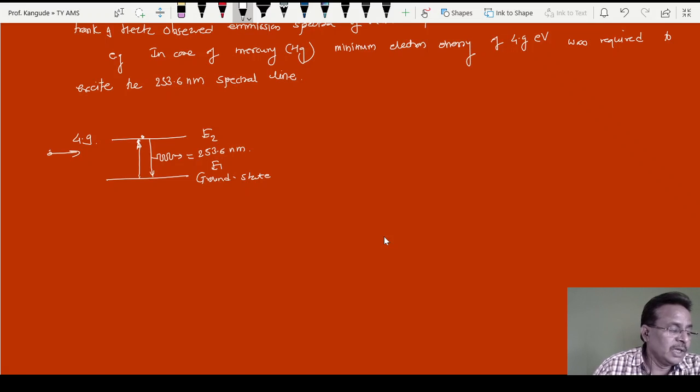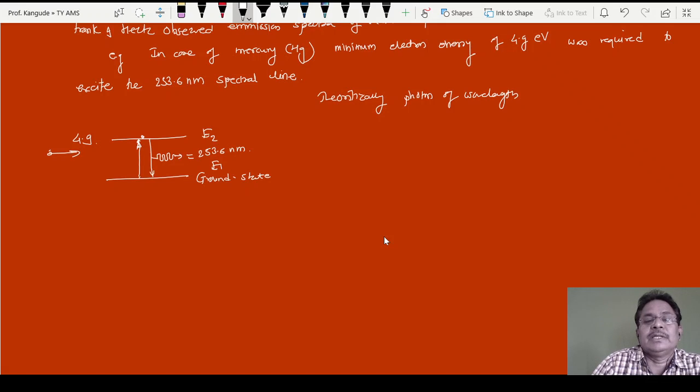And if I go theoretically for a photon of the same wavelength, 253.6 nanometers, we can calculate its energy by this formula: E is equal to h nu.